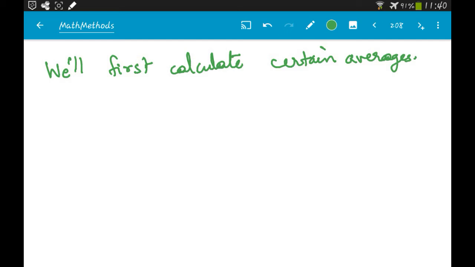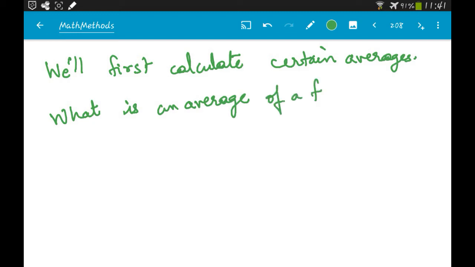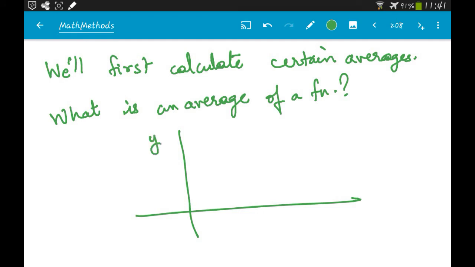So what is an average? What do you mean by the average of a function? Suppose you have, let's represent the function in the y-x plane. Let's say this is your function, y is equal to f(x).